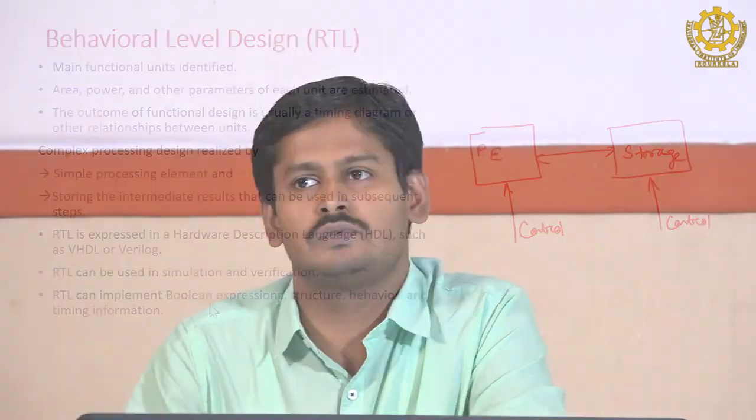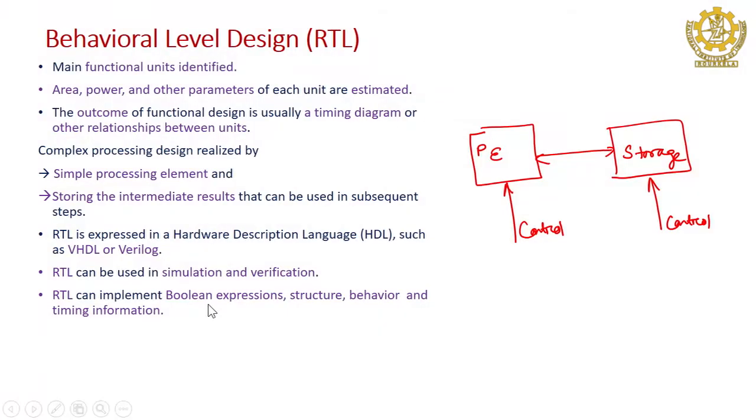One of the features is it can model Boolean expressions, which we call data flow modeling. Structure can be modeled, that is structural modeling, and behavior can be modeled. That means if you are having conditional constructs like if, else, case, those can also be modeled in HDL during RTL.